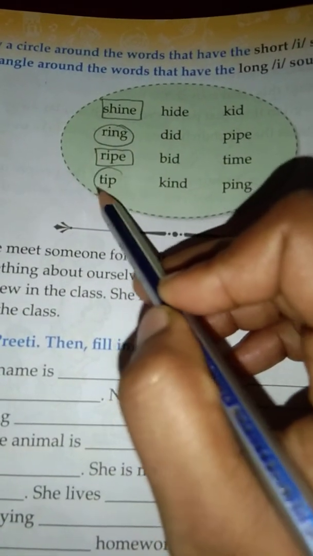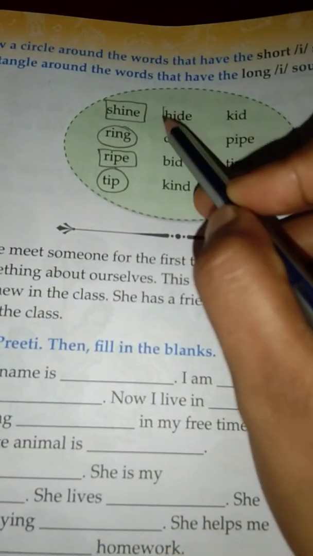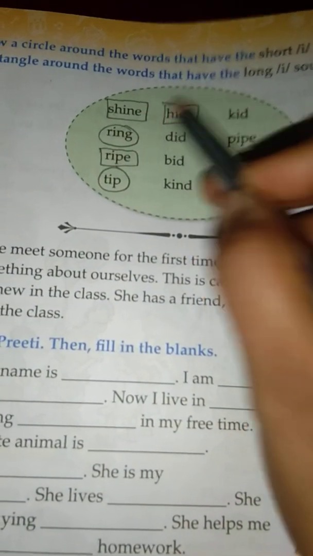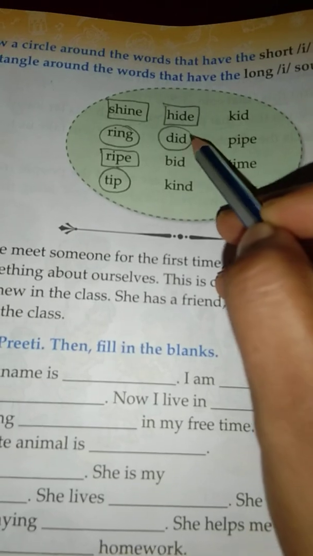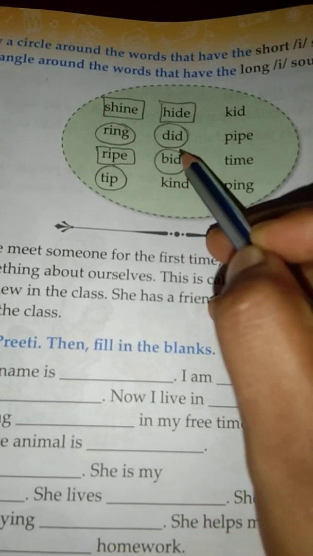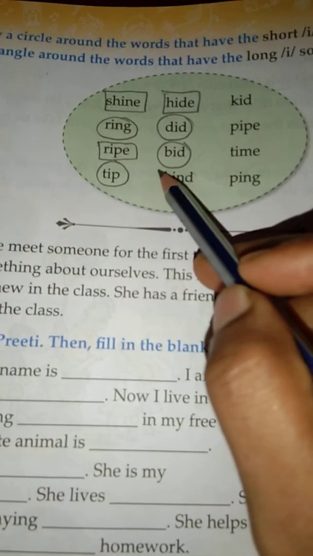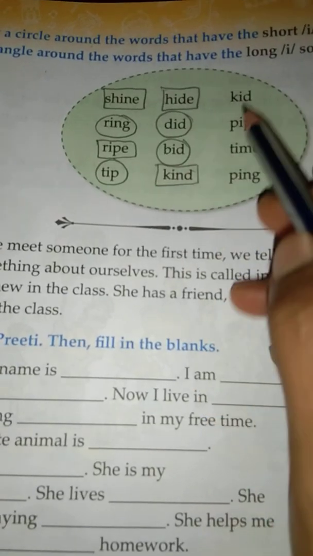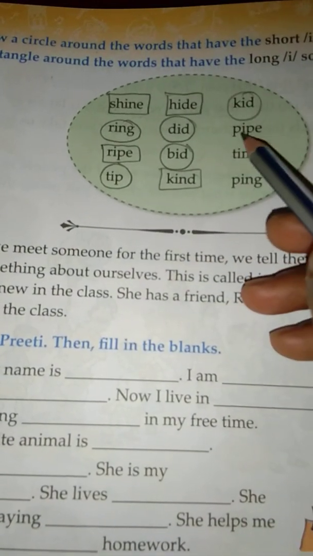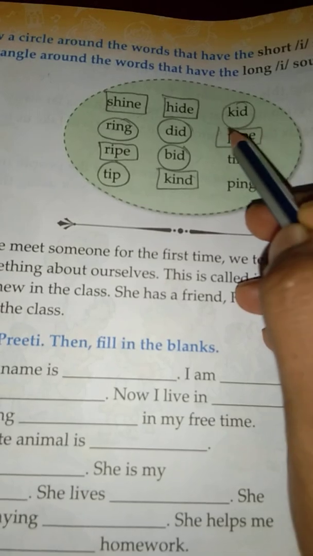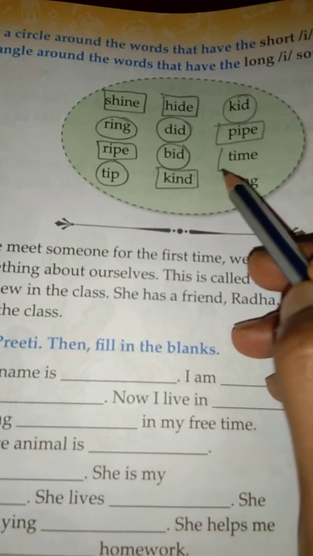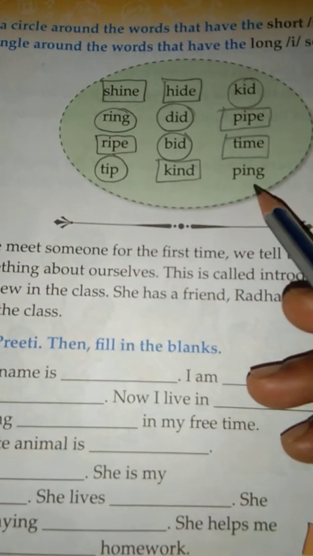Tip: short I sound. Hide: long I sound. Did: short I sound. Bid: short I sound. Kind: long I sound. Kid: short I sound. Pipe: long I sound. Time: long I sound.